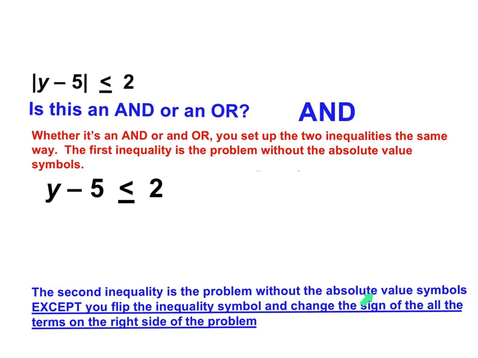The second one is the problem without the absolute value symbols, except, here's the exception: you flip the inequality symbol, and then you change the sign of all of the terms on the right side of the problem. So there are two twists to the second inequality: change the inequality symbol and change the signs of the terms on the right. Here's what that would look like.